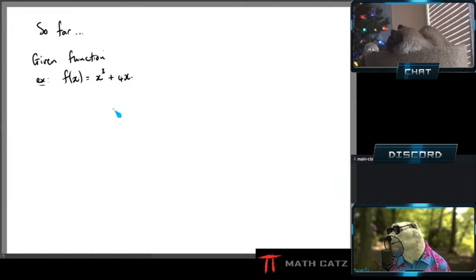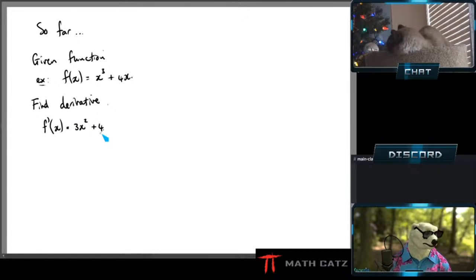We find the derivative. By now, hopefully, that should be quite easy. Bunch of basic properties, and I get 3x squared plus 4. No problem at all. Well, I hope so.